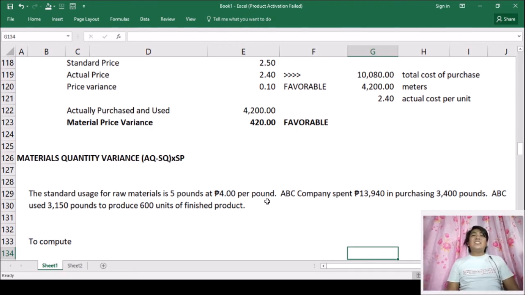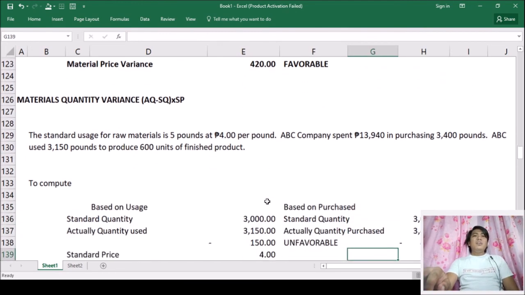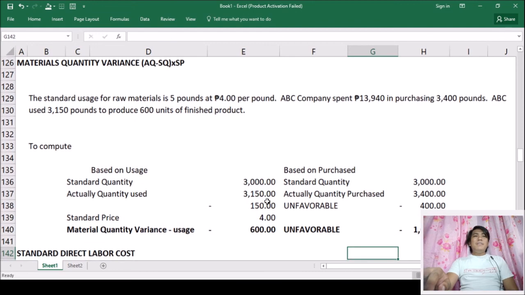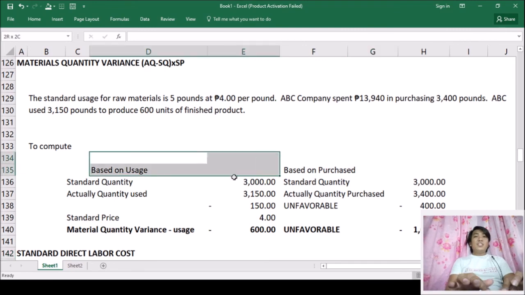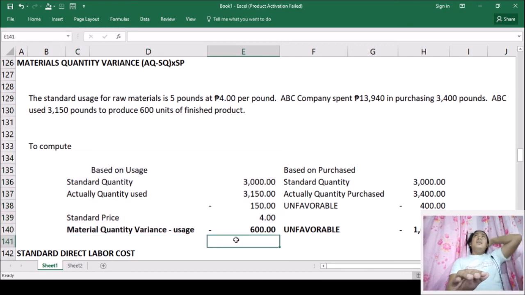That is what it targets. In this case, I have two computations, just to illustrate, in case the problem tells you to compute it based on purchase. But if the problem is silent, this is the priority computation, this side, based on usage, because that must be in usage.